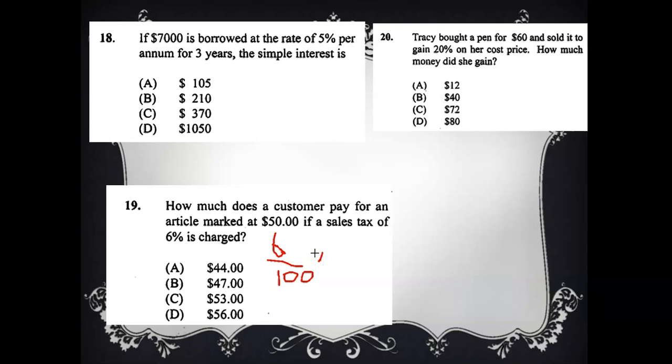And it's sales tax, so we're adding it to the price or the original cost, right? $51, $102, $1, $3.